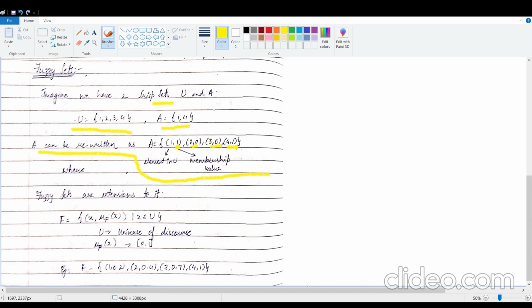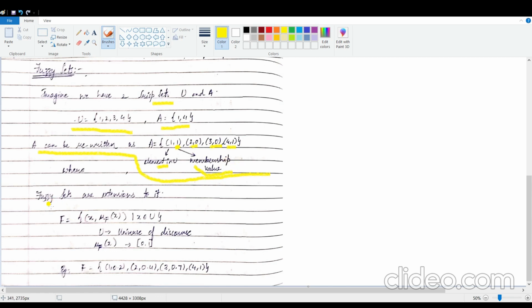So what do these 1s and 0s indicate? They tell me whether this element is present inside U or not. So it's what my membership value is doing. The left coordinate is the element and the right coordinate is the membership value. This notation is pretty much what we use for fuzzy sets.